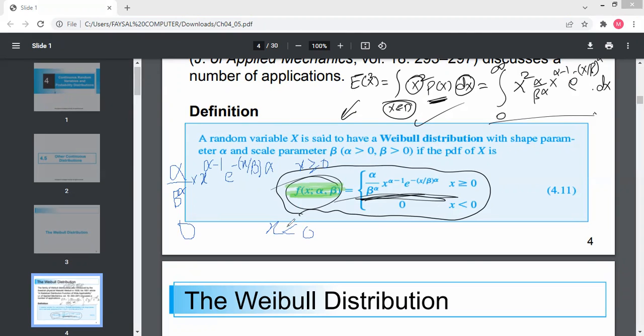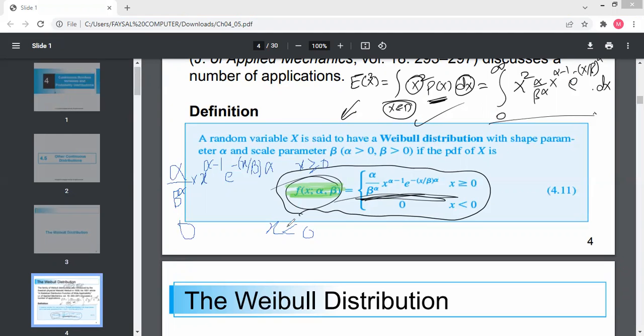Again, the Weibull distribution deals with two parameters. First is my shape parameter and second is the scale parameter. My shape parameter is alpha and my scale parameter is beta. Both alpha and beta values must be greater than 0.